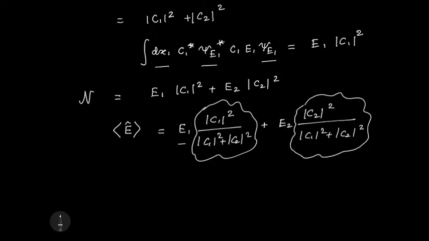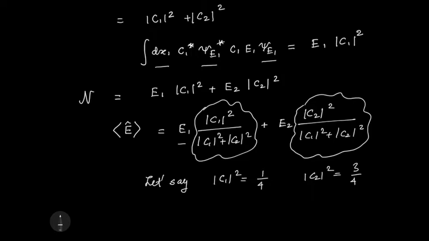So let's say C1 mod square is 1 by 4 and C2 mod square has to be 3 by 4. It means essentially that if I do this experiment 400 times, 100 times I will get the energy E1, and 300 times the wave function will collapse with the energy E2.